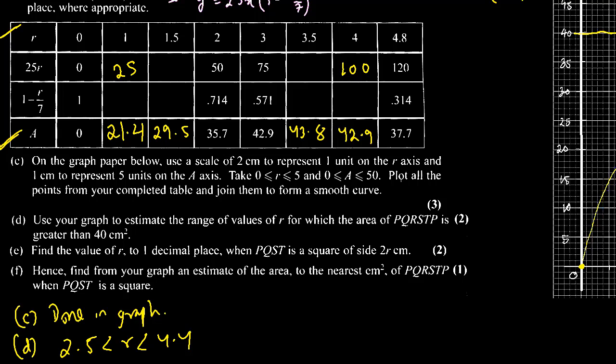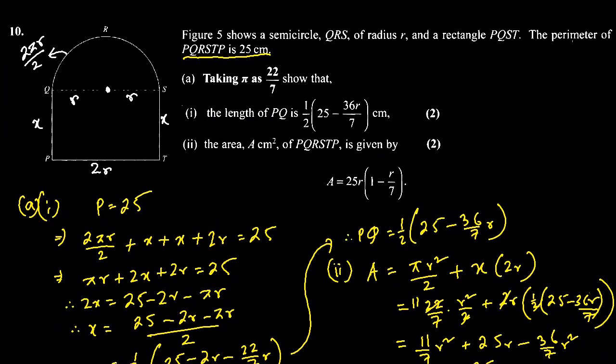So that means if it's a square, let's take a look at the picture. They're talking about this PQST. So this is P, this is Q, this is S, this is T. We already know this is twice R. They're saying what would be the value of R if PQ is also 2R, if it's a square.